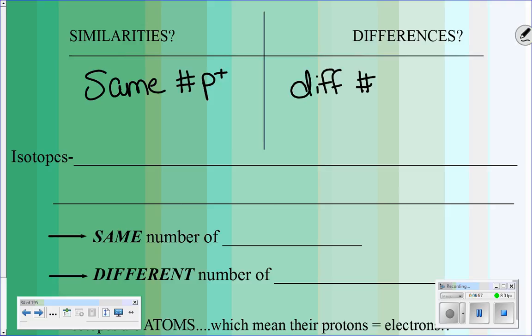And they have a different number of neutrons. They also happen to have the same number of electrons, but that's just more of a consequence of having the same number of protons. Not quite as important. So isotopes are when we have different atoms of the same element that have different masses.